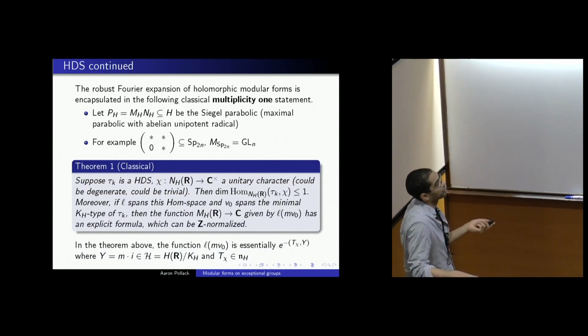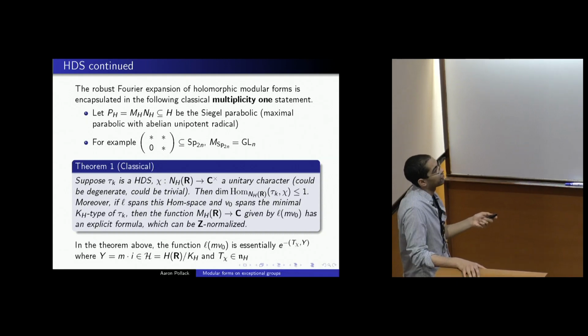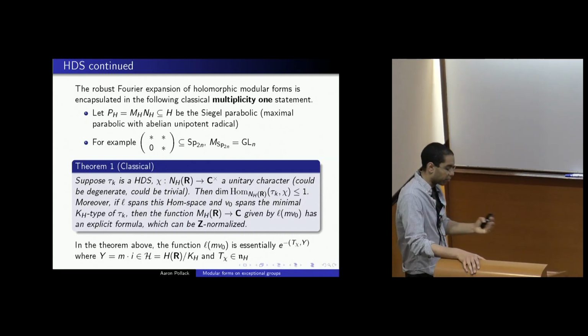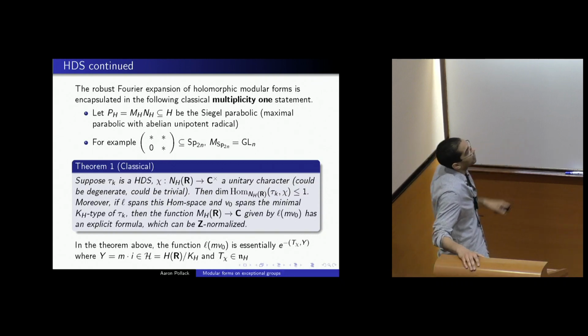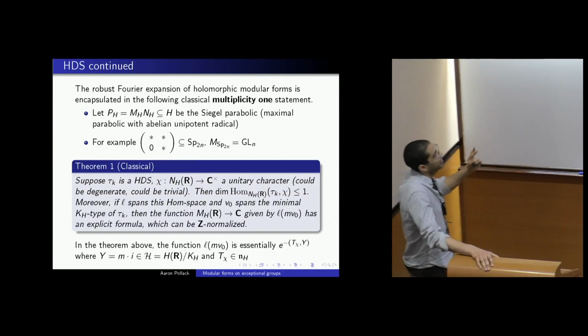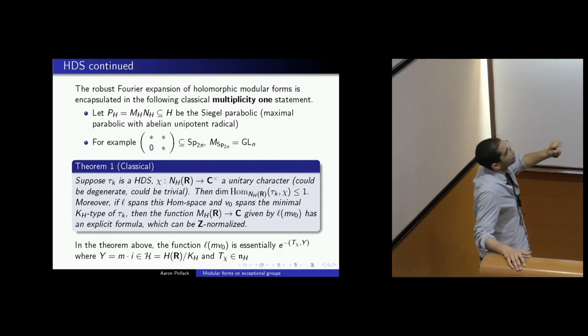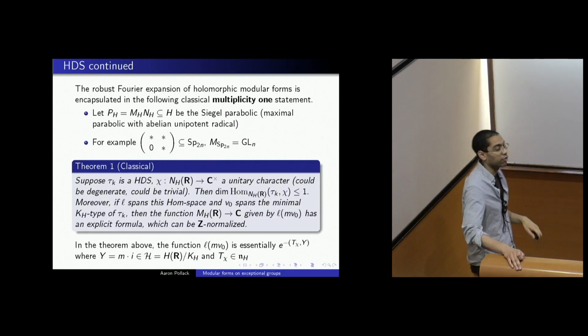That's the exponential function that appears in the Fourier expansion of holomorphic modular forms. This is a representation theoretic way of stating what's so robust about the Fourier expansion of holomorphic modular forms.